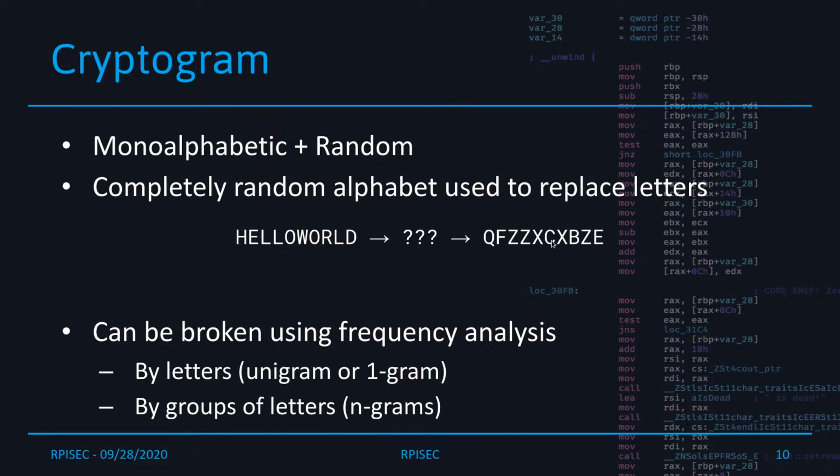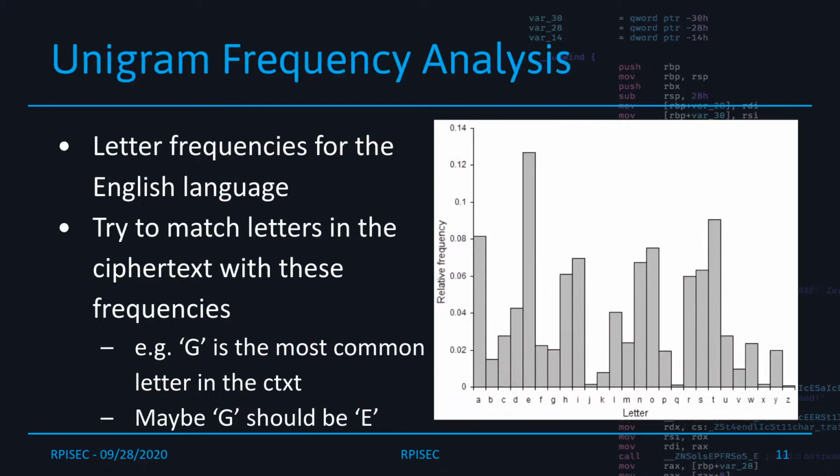Now, attacking this scheme doesn't really seem intuitive at first. There's not really a clear way to attack this, because if you just have the ciphertext, there doesn't seem to be a way to recover the key from it. Well, it turns out that the English language itself will be able to help us in this case. We can take advantage of the fact that the English language doesn't distribute all its letters the same way.